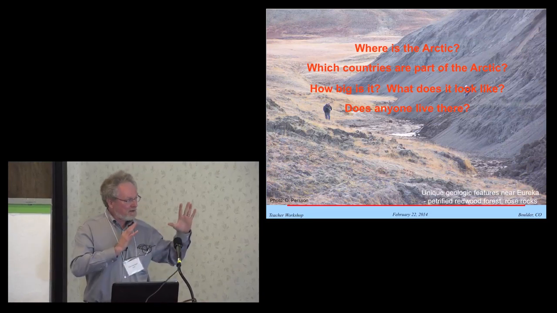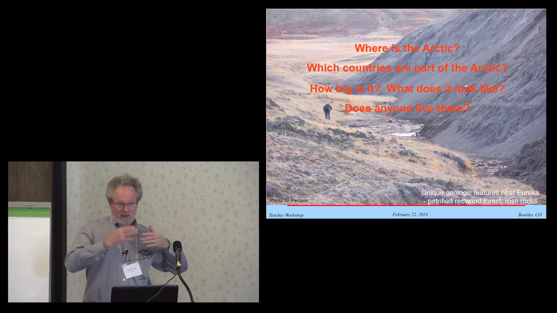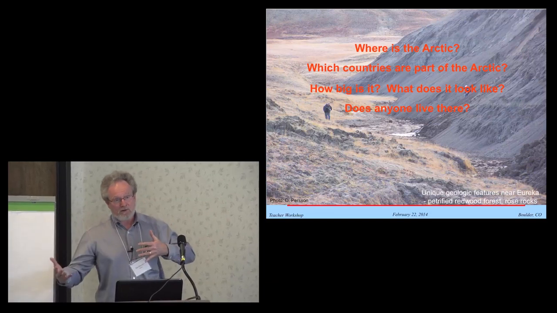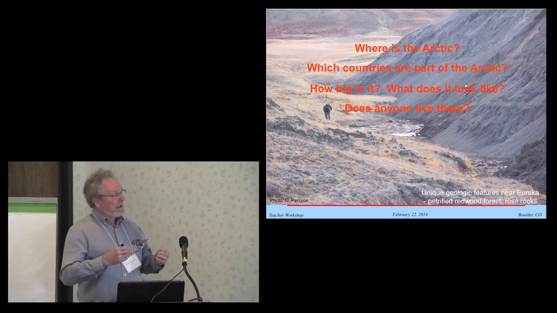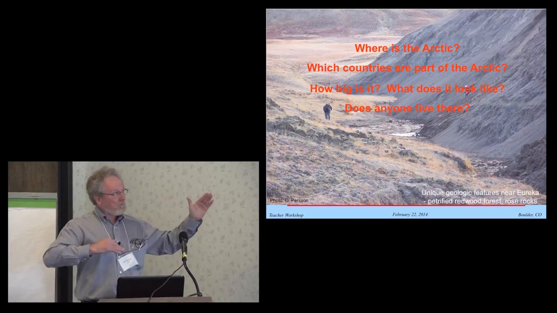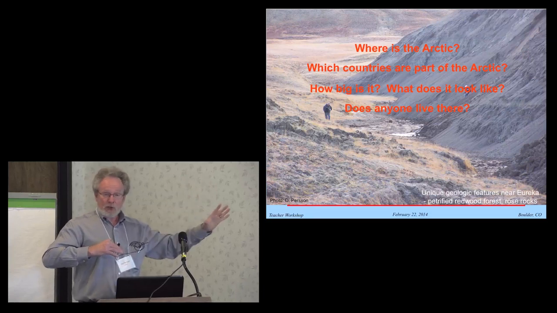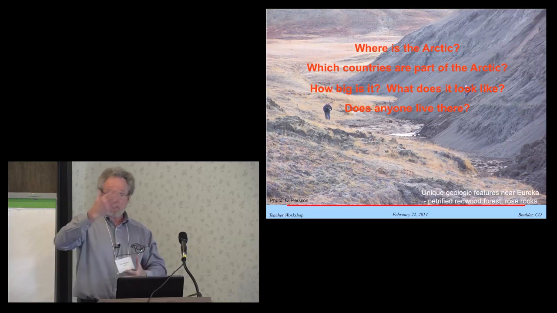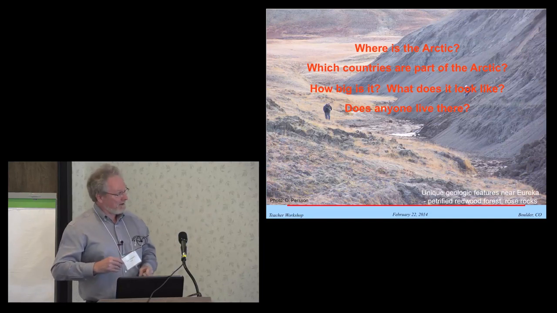Though I'm an atmospheric scientist and will have an atmospheric-centric view of some of the results, I will try to include some things from oceanography and from the cryospheric people who study the snow and ice, to better understand the whole system, because the Arctic, the atmosphere, the sea ice, the surface, the land, the soil, and the ocean is a system. You should probably put in the biosphere there as well. It's a whole system, and there's a lot of interactions, and that's the main point I want to make in this presentation, and I hope I succeed in doing that.